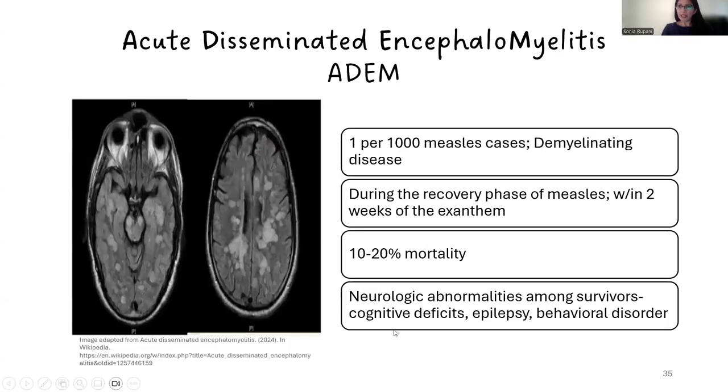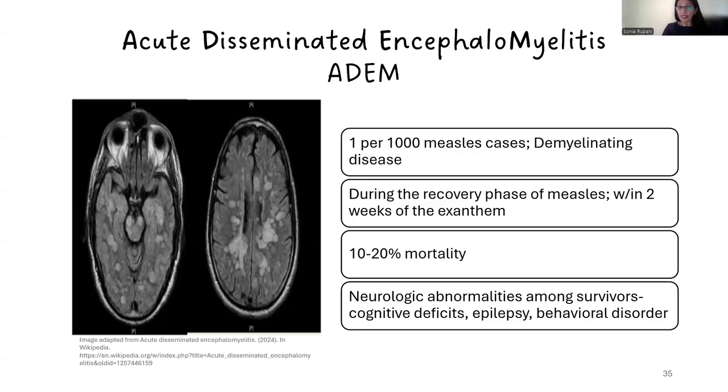Another neurological complication is acute disseminated encephalomyelitis, ADEM. This is also 1 per 1,000 cases of measles. It's a demyelinating condition and typically seen within 2 weeks of the exanthem. So once the patient has the rash, 2 weeks later they can develop ADEM.